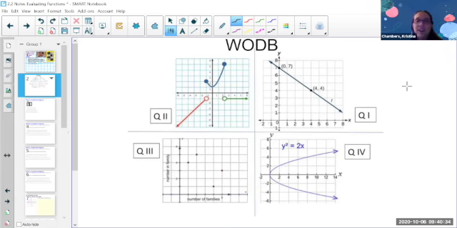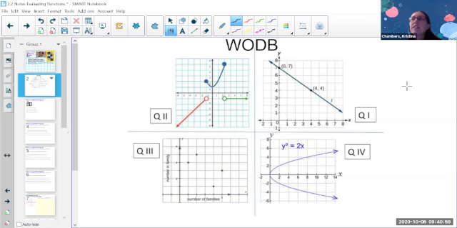Absolutely. Awesome. How about the green line? That's still a linear function, but do you guys know what we specifically call a horizontal line? So that's called a constant function, okay? Because the y value is always constant. Okay, what else we've got?